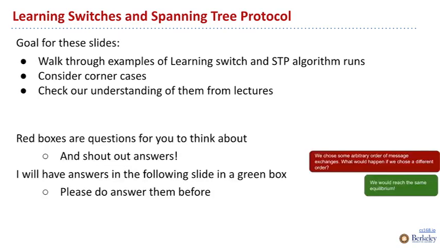There will be a lot of these red boxes on the slides, which are questions, and the goal is to get those answered in class, and then there will be a green one afterwards with the answer, but please do answer them because all of this is review, none of this is new material. This is from Murphy's lectures, but we do cover some corner cases that aren't directly in the lecture, so it would be good to go over them and test our understanding.